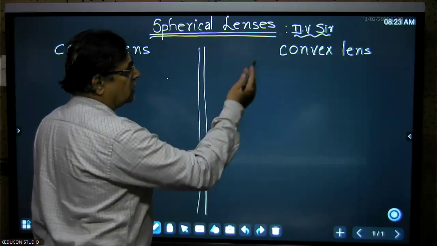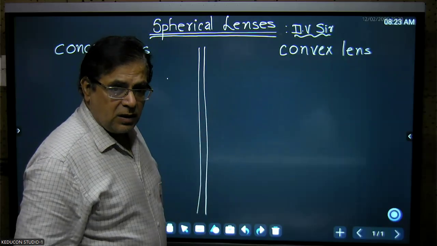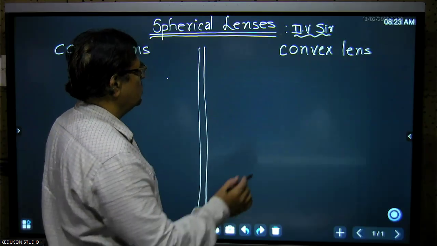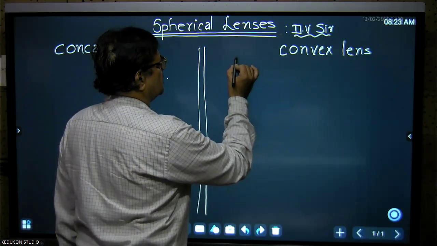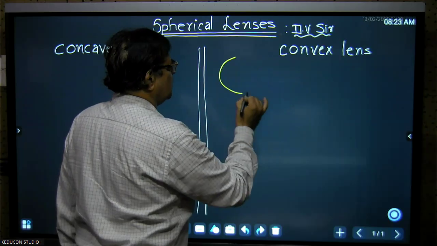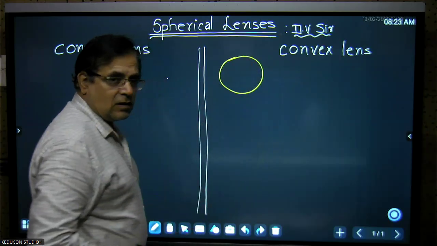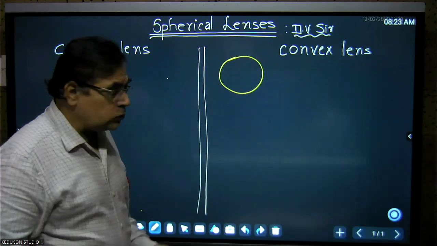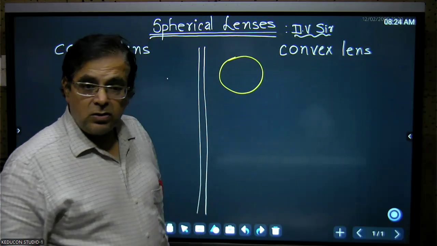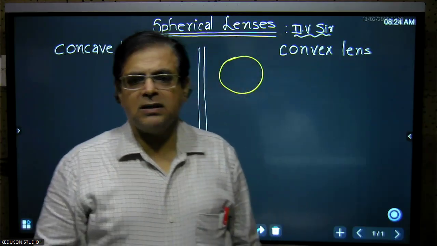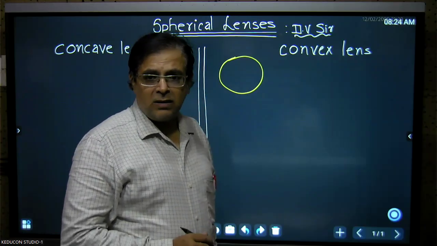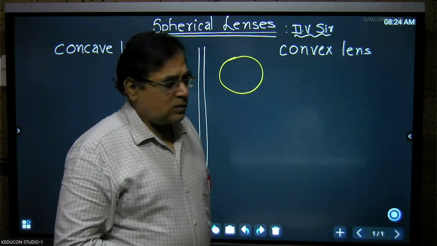Suppose I have to make the convex lens. How to make it and how does it look? In case I see the convex lens, it appears in a circle and made up of glass usually. I'm saying usually, not necessarily glass. Any transparent material can be used.